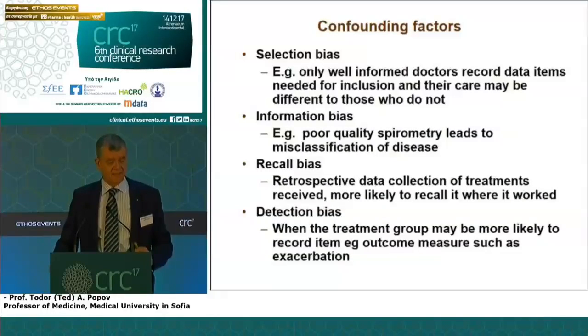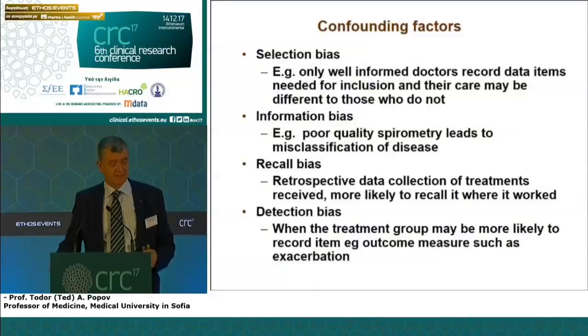There are certainly many different confounding factors. Selection bias is one of the things that might be part of this hurdle. Information bias may also be part of the problems that we encounter when we analyze those big databases.